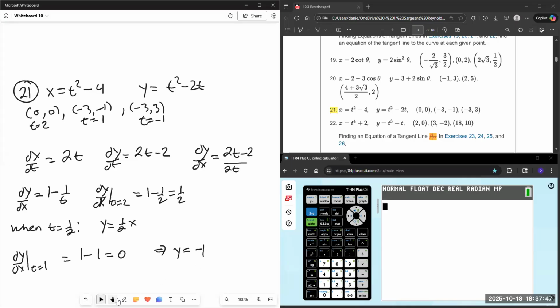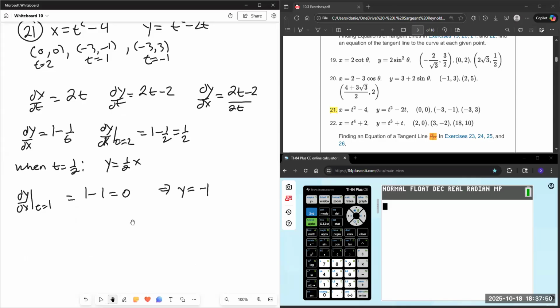And then for dy/dx, then t is equal to -1.